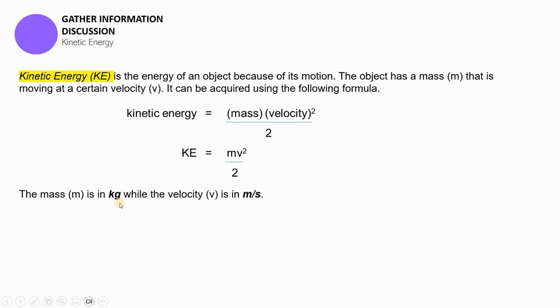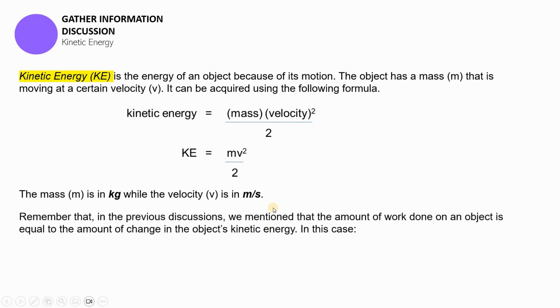Now, the mass is in kilograms and the velocity is in meters per second, so in this case the unit is kilogram meters squared per second squared. It further separates itself from momentum, because momentum is only kilogram meters per second.